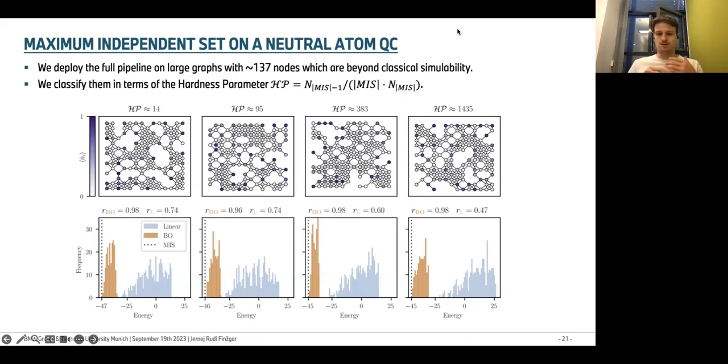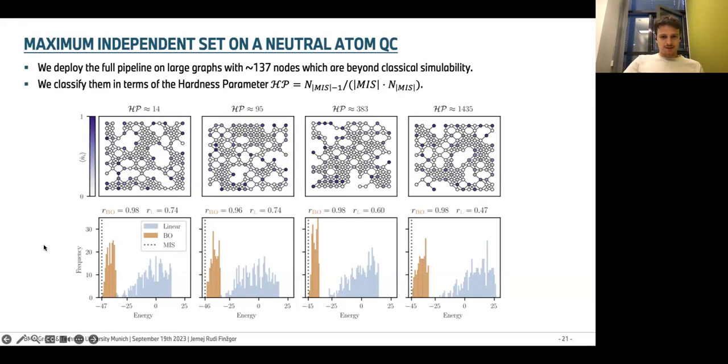So basically, there was this hybrid job setup where I send the job to the quantum device, I get a result, I propose a new set of parameters, and this was really implemented in practice for a collection of four such large graph instances.